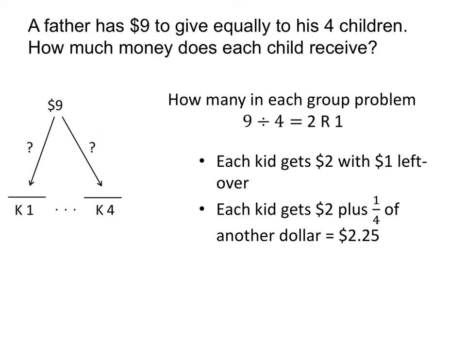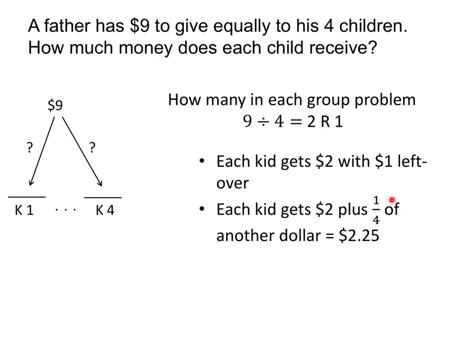So let's think about what this answer can mean in the context of this problem. One way to interpret this is that each kid gets $2 with $1 left over. Maybe the father keeps that for himself, or he saves that for later, whatever. That could make sense. And another way to interpret this is that each kid is going to get 2 whole dollars, and then we're going to take that extra dollar and distribute that evenly among the 4 kids.